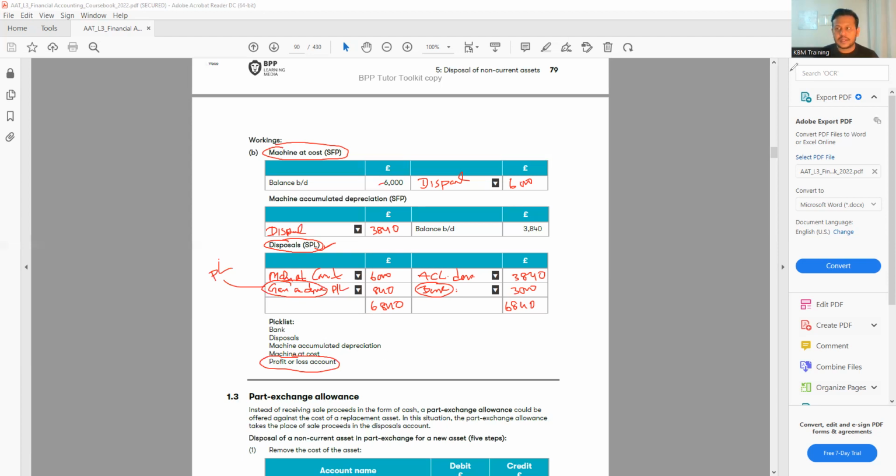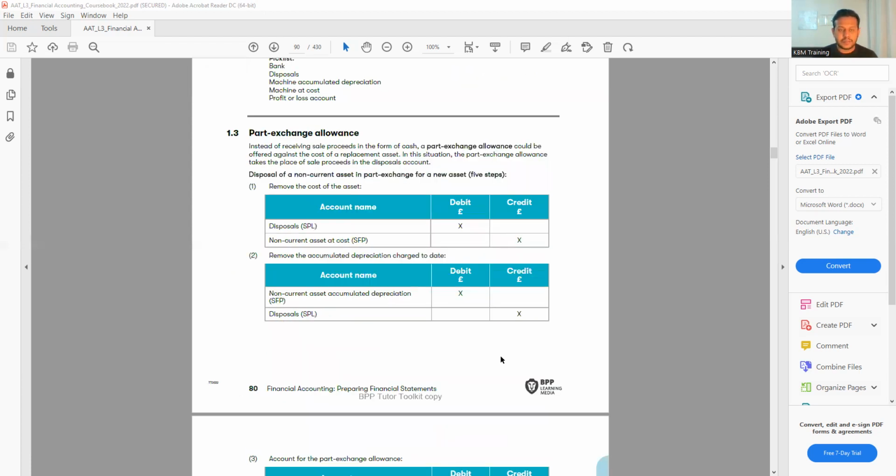Okay. And let's move to the next one. The next one is the part exchange. Part exchanges happen when you have an asset to sell, but this time we don't receive any cash, but we receive the new asset. So we give our old one to have the new one.